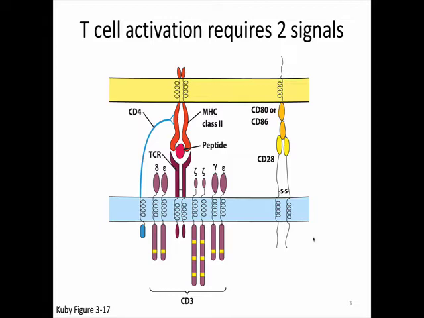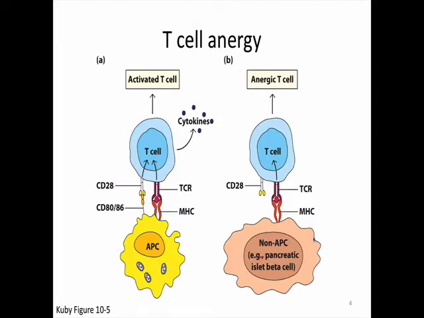And this process is critical for our T cell. A T cell must receive signal 1 and signal 2 in order to become activated. If a T cell receives signal 1, as is shown here, without signal 2, and again, this is a naive T cell that is being activated for the first time, that T cell does not become activated.